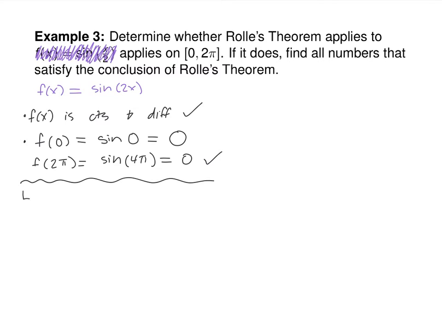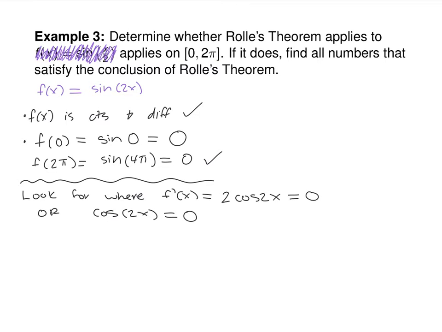Okay. Now look for where the derivative, which is equal to what? Look for where that equals 0, or where cosine of 2x equals 0. And that 2x inside the cosine made a lot of you lose your minds.